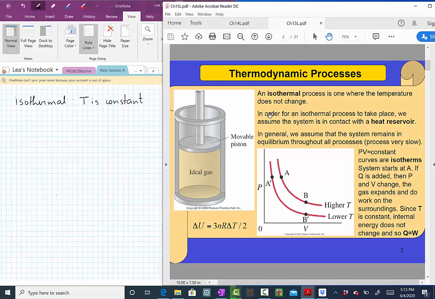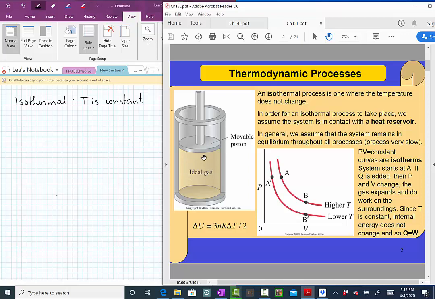And what we are seeing here is that for this process to be isothermal, what we need is to put this system in contact with an enormous heat reservoir. Why? Because this heat reservoir is so big that it will make sure that the temperature of this system never changes.